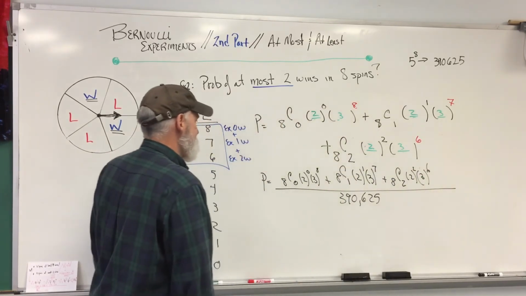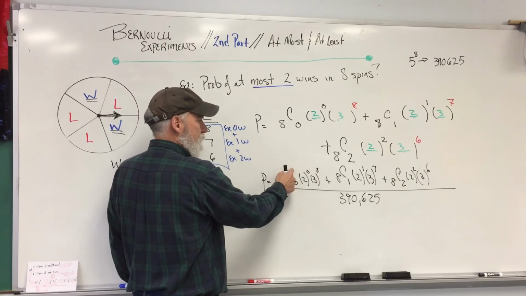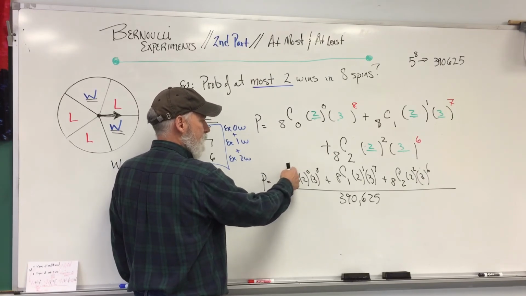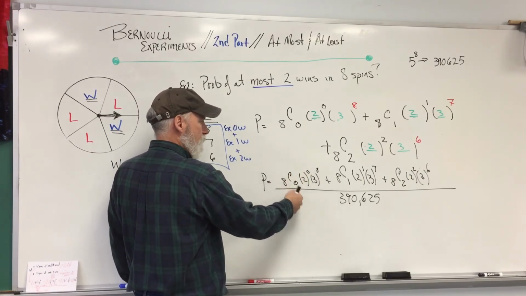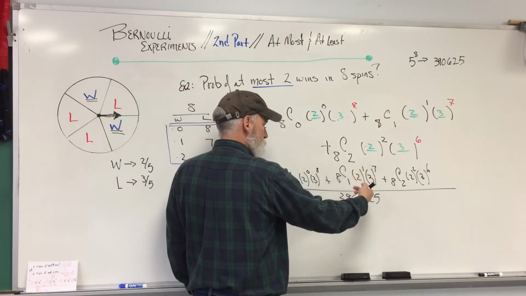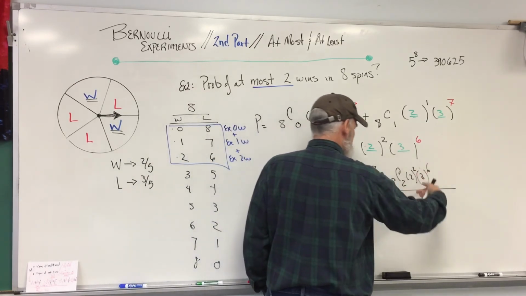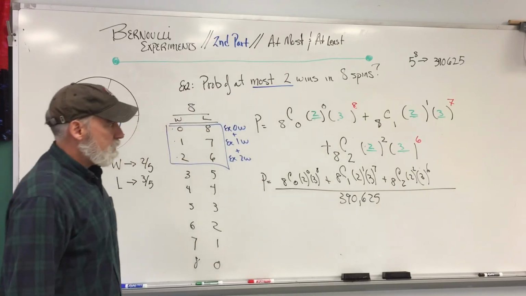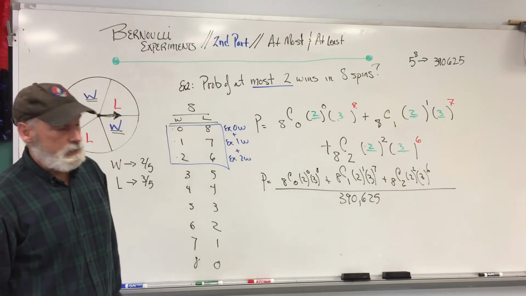That's exactly the number of times you would win with 0, exactly the number of times you would win with 1 win, and the number of times you would have 2 wins. All over that. So that's a little bit of a shortcut to avoid the calculator issues.